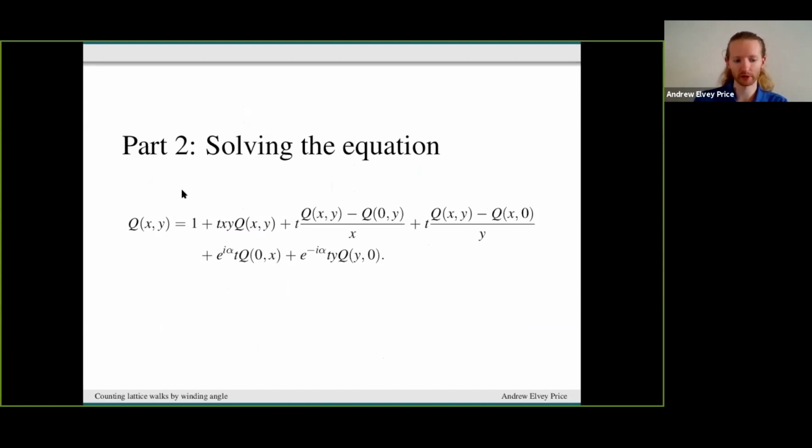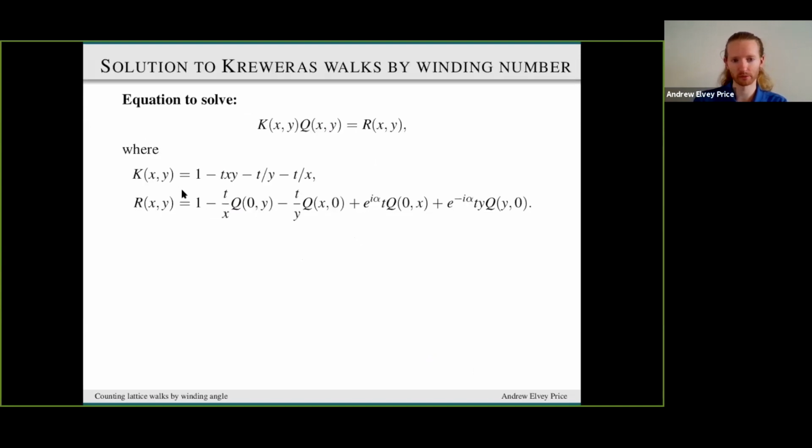So I'll start by rewriting the equation. The first step is to take out all the factors of q(x,y) and put them together into this polynomial we call the kernel. So this is the kernel here, and then r(x,y) is called the remainder. It's a common method called the kernel method.